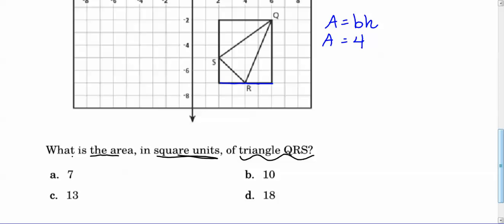The height goes from 7 to 2, or I'm sorry, -7 to -2. So that is 5 units. So it's again hard to see here, but 1, 2, 3, 4, 5 units there. So we know that this area of the rectangle alone is 20 inches squared. Now I'm actually surprised that's not a choice.